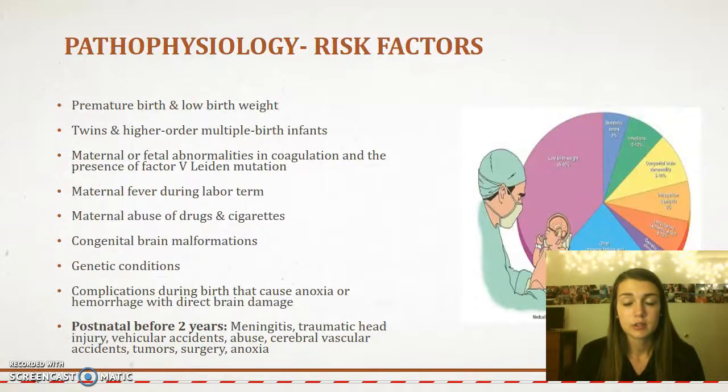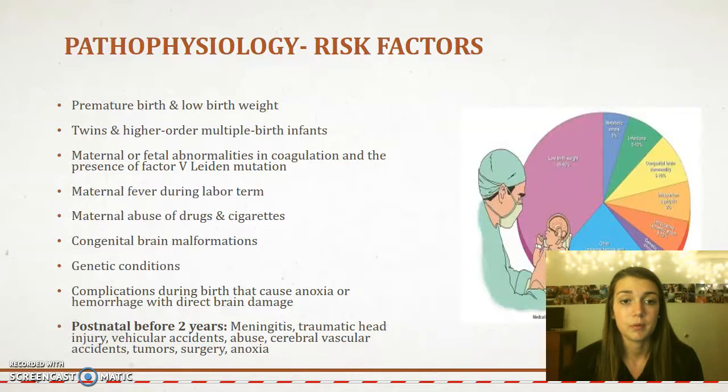So some of the risk factors or causes of CP: premature birth and low birth weight have the highest correlation to CP, and this is the most common reason CP does occur, with 35 to 40% of CP cases being relegated to that.